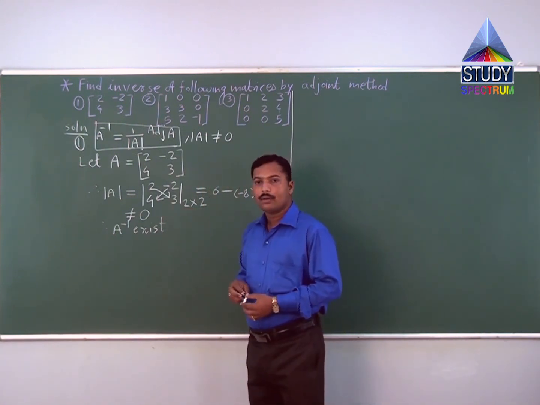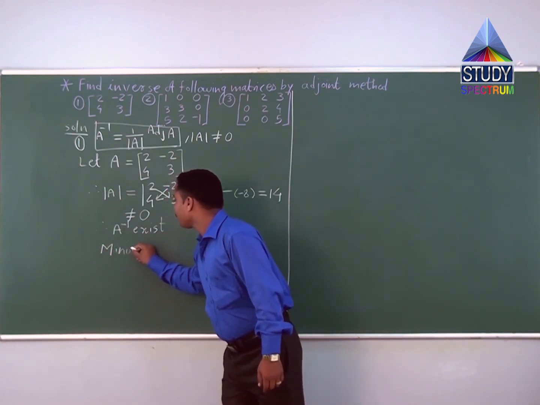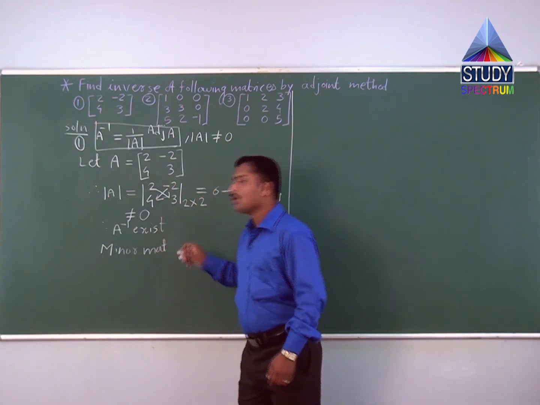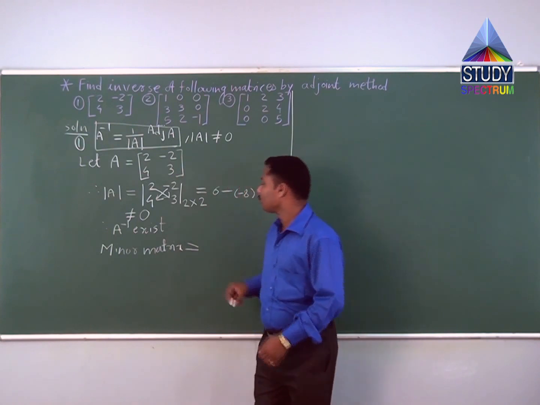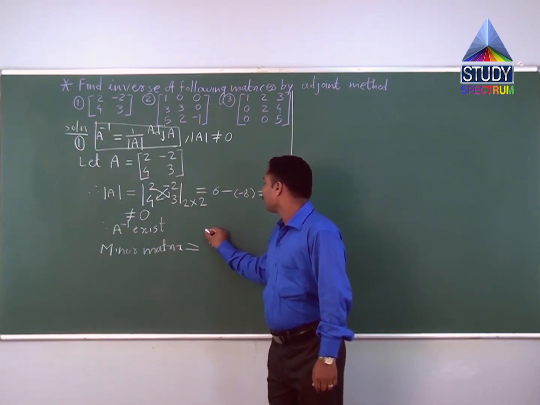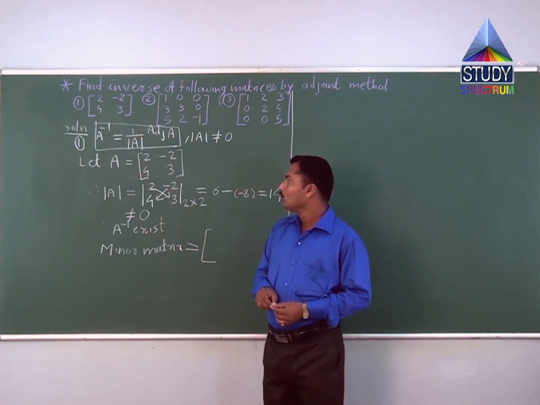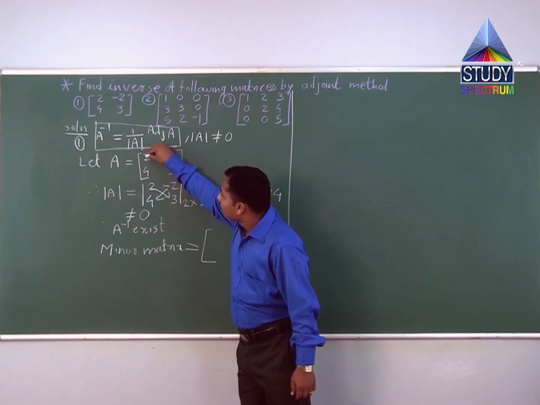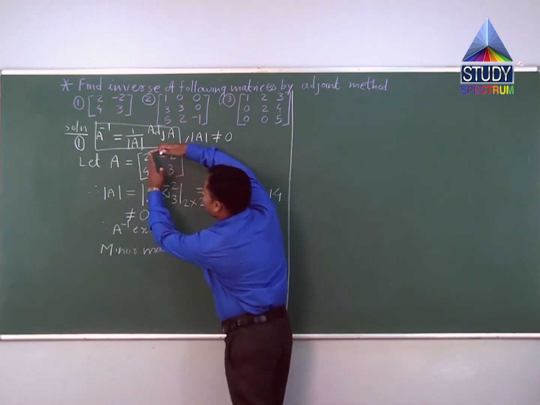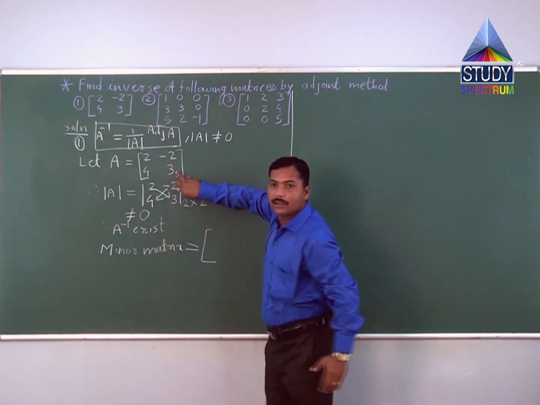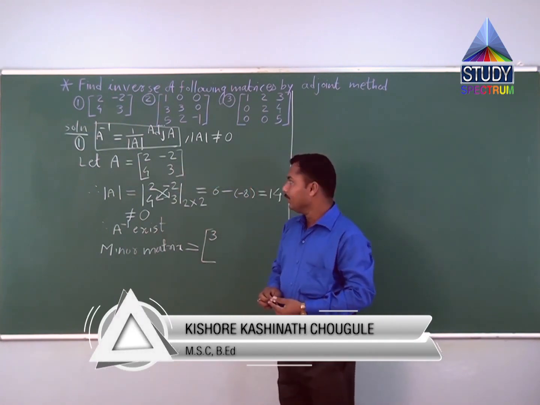So we start to find the minor matrix. First we find the minor of 2. Delete the row and column passing through number 2, so only 3 remains. So determinant of 3 is 3.